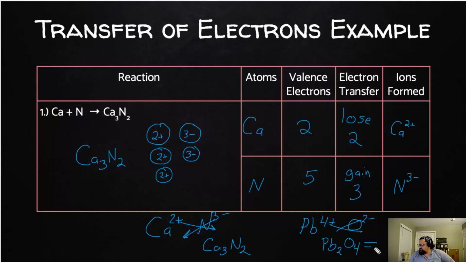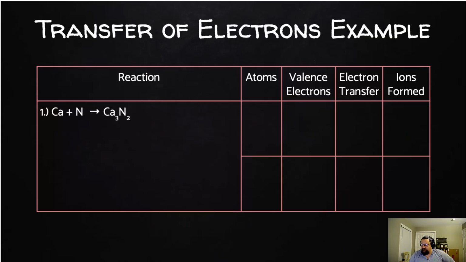No, you would need to change this into Pb1, which we don't write, O2. And now this would be our lowest whole number ratio, okay? So anytime you can reduce it, you have to. But other than that, this cross rule works all the time.